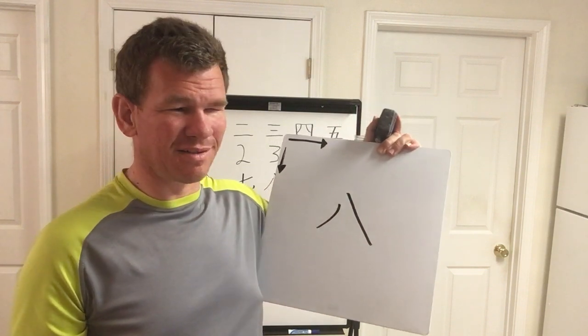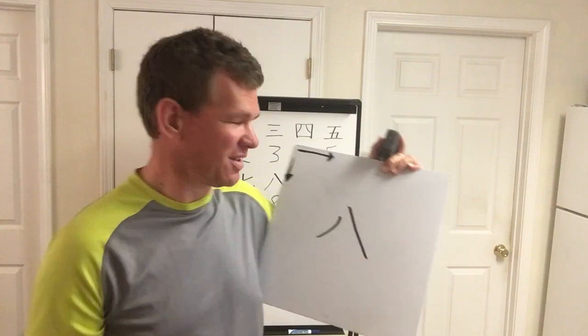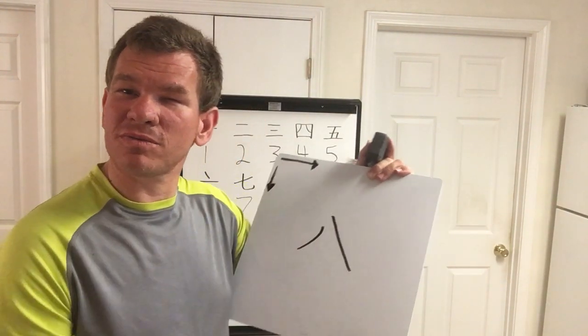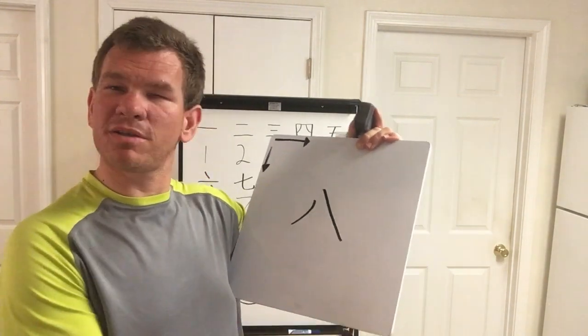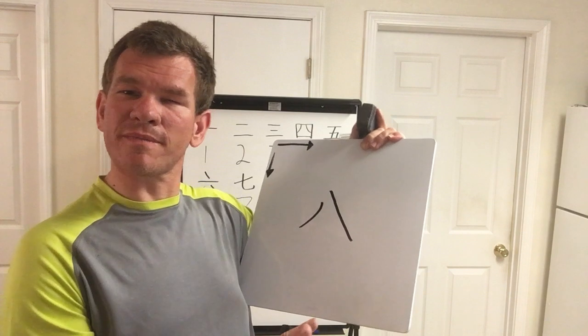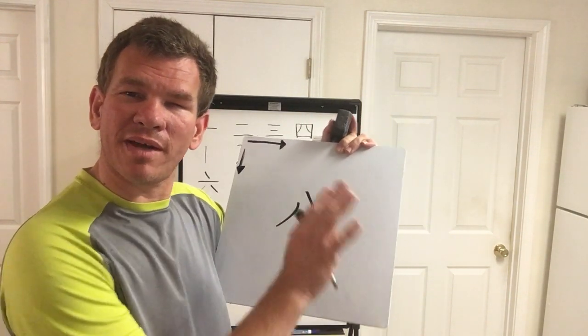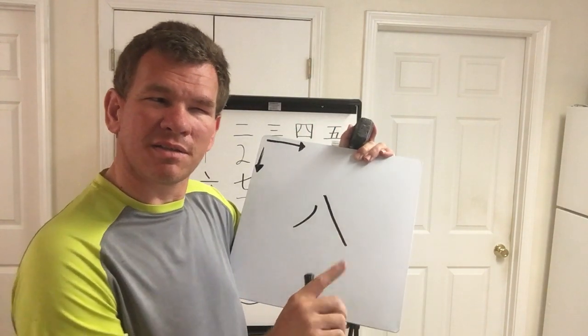I know that full well from when I first started writing my own characters. Over time, they improve. Now, maybe you don't necessarily learn the writing part. It's okay. I'm just going to show you. I still want to show you the stroke order, so you can see how the characters look the way they do.